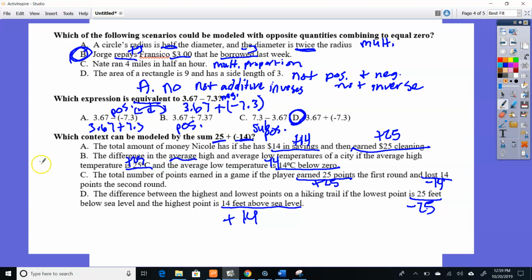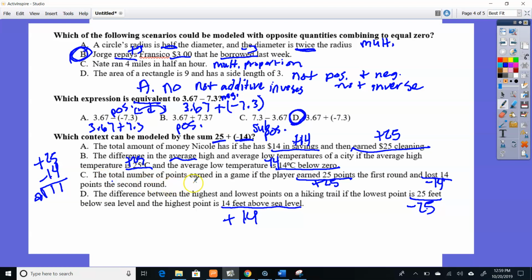Well, average means you're adding two things together, so you would be adding the 25 and the negative 14, but then when you get your answer, 11, and then there's 2 temperatures, so then you divide by 2. Okay, so that does not look like it's our answer because you are adding them together, but then you have to find the average, meaning you're dividing it.